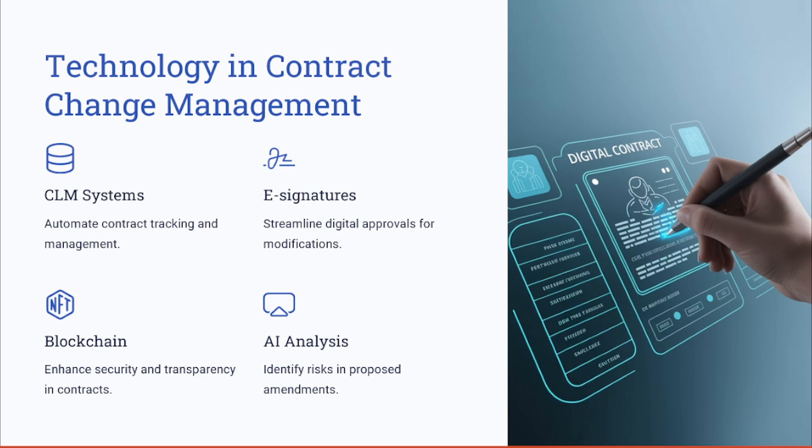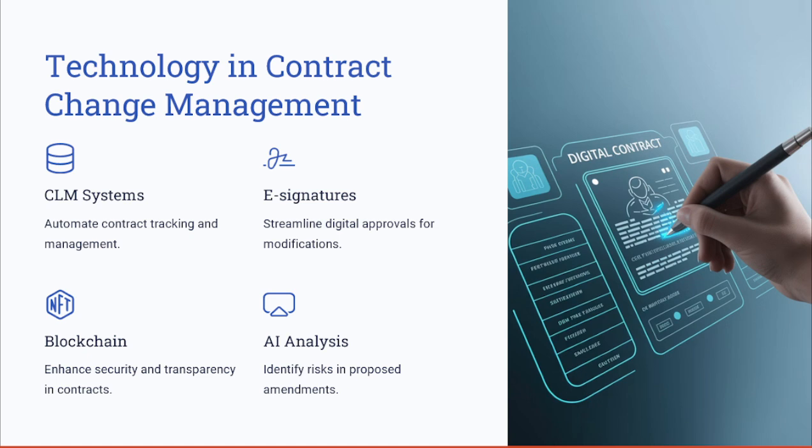What are the technology and digital tools that can be used in contract change management? These tools include the contract lifecycle management, or CLM, system to automate the contract tracking. We have also talked about e-signatures and digital approvals to streamline the contract modifications. Blockchain-based contracts are very effective in terms of security and transparency.